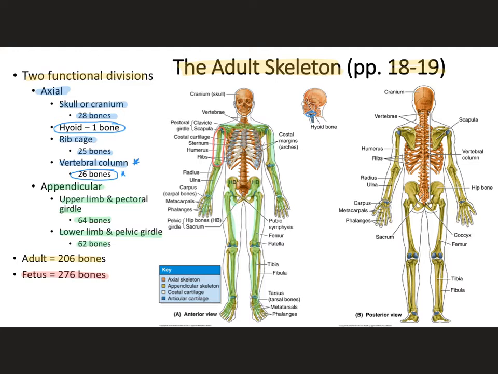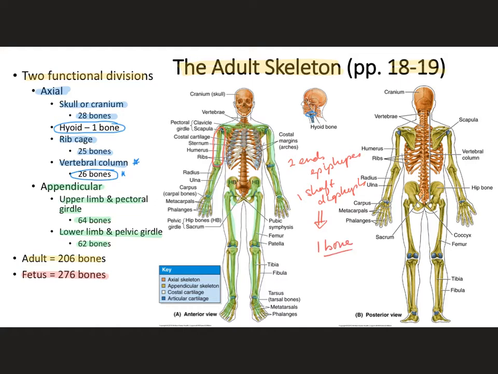There are 2 ends, which are called epiphyses, plural. There is the shaft, which is the diaphysis. So if you have 2 of these and 1 of these, you have 3 individual bones that fuse into 1 bone in the adult.